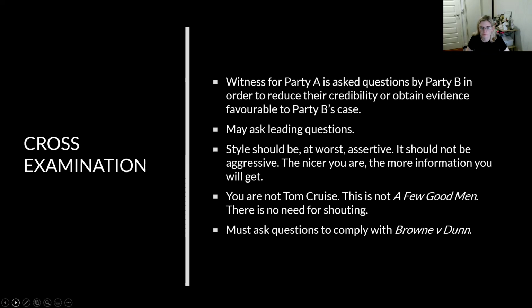For cross-examination, this is the witness for party A's opportunity to answer questions of party B in order to reduce their credibility or obtain evidence which is favourable to party B's case.